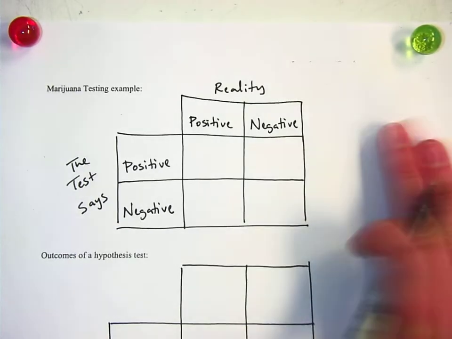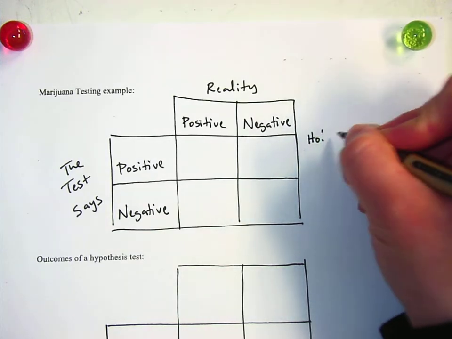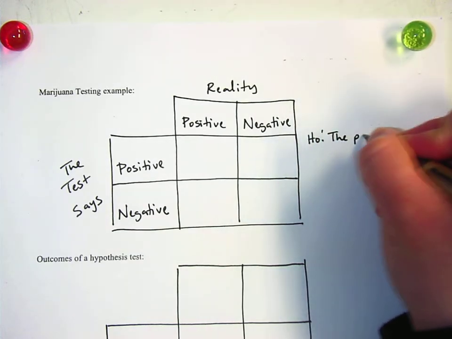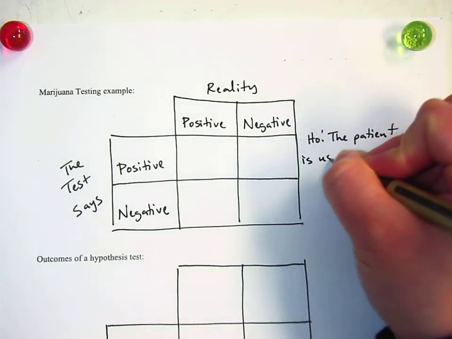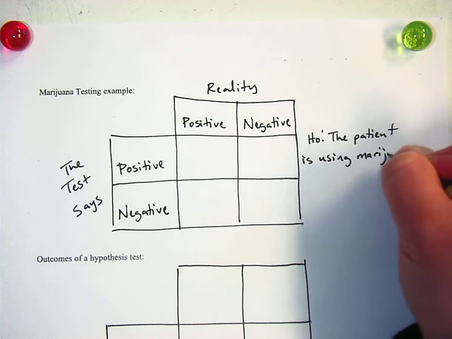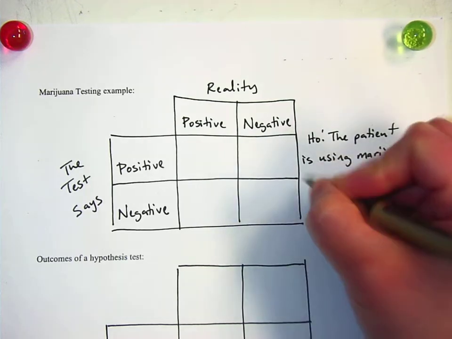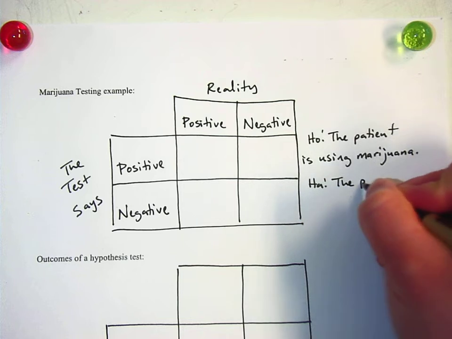Okay. So on this test, the H sub O is that the patient is using marijuana. So they have marijuana in their system. And the alternative to that is that the patient isn't using marijuana.